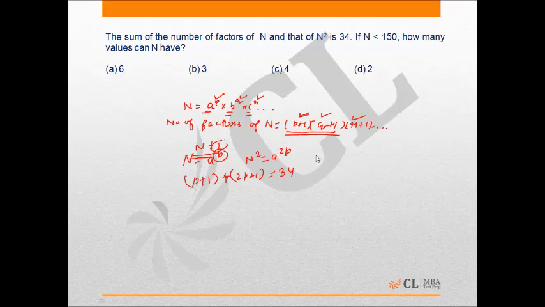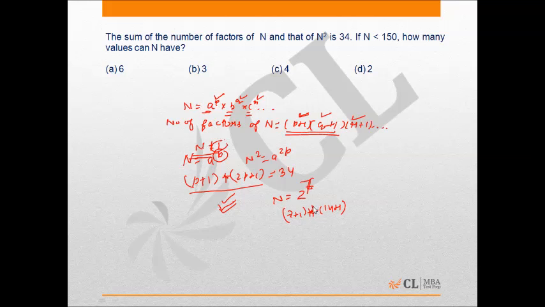And one more thing can also be noted, that the highest value that this quantity can assume for a number which is less than 150 is for 2 raised to power 7, which is 7 plus 1 plus 14 plus 1.